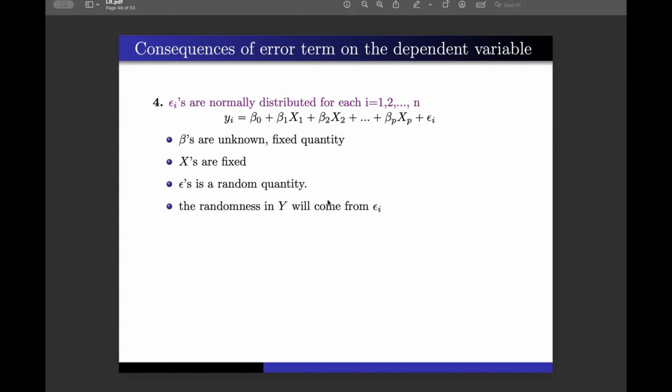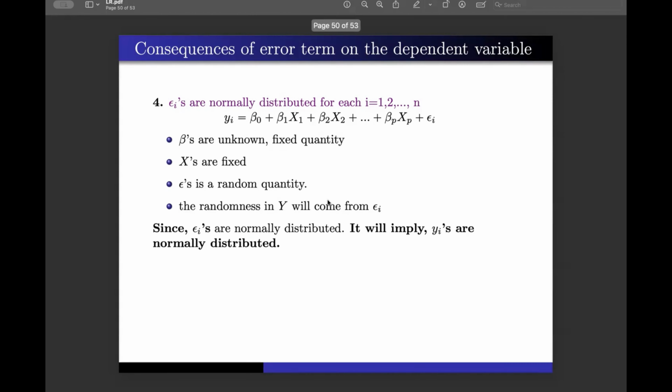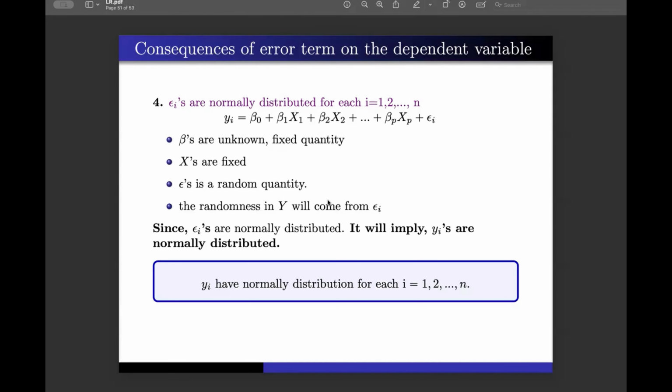And since all ei's are normally distributed, we will have that yi's will also have a normal distribution. And as a consequence of the assumption on the error term that all ei's are normally distributed, we have that yi's are also normally distributed for each i from 1 to n. Perfect. So now we know the consequences of all the assumptions on the error term for the dependent variable.